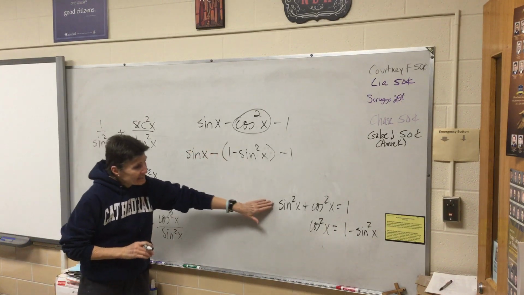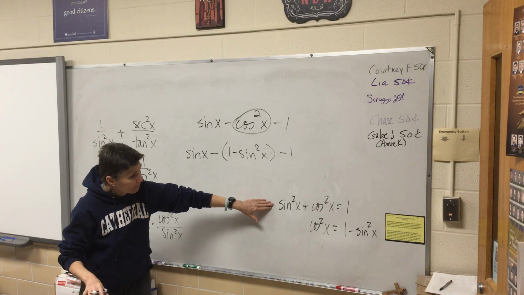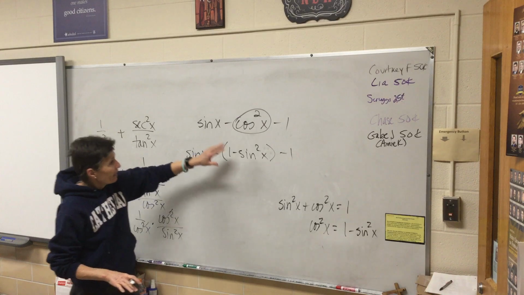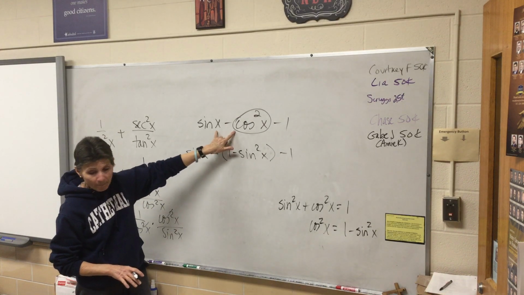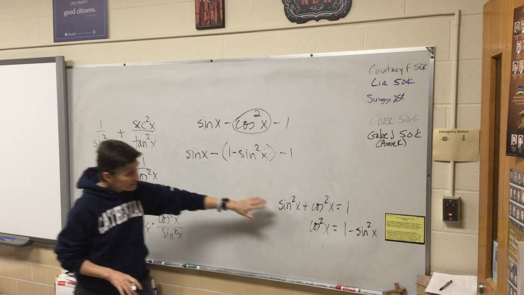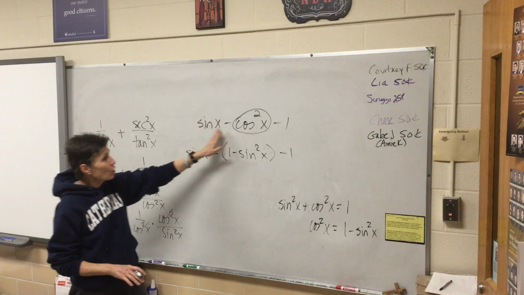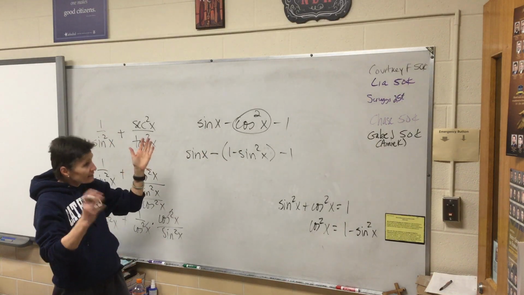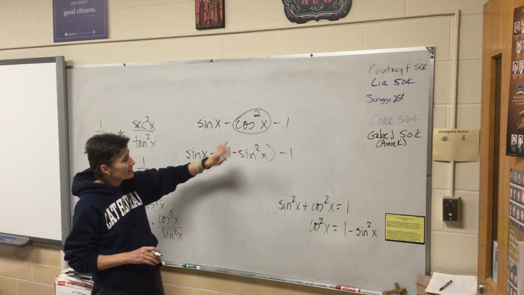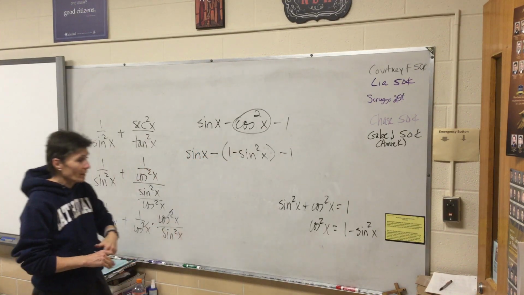So again, this identity is all over the place. Got to use it all the time. Notice that wasn't squared, so there's no way to combine these two. This identity requires both of them to be squared. So there was no combining to do. So instead, I said, okay, let's change the cosine squared into 1 minus sine squared.